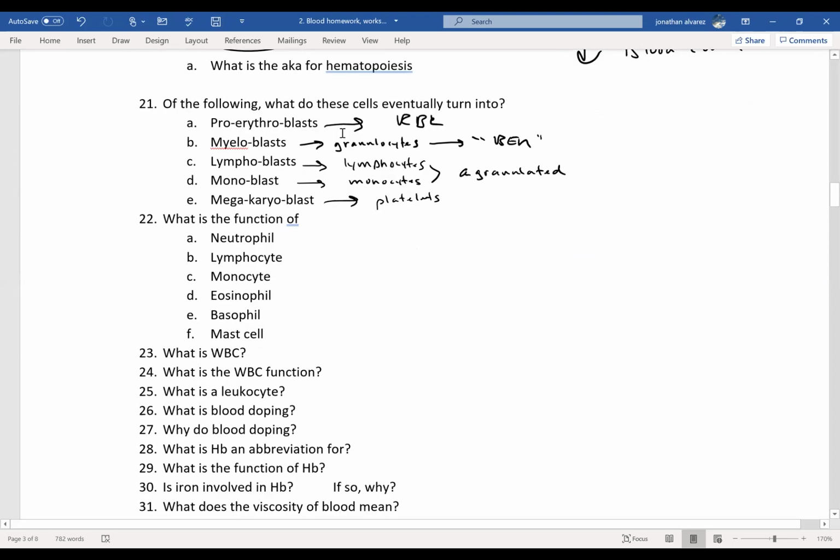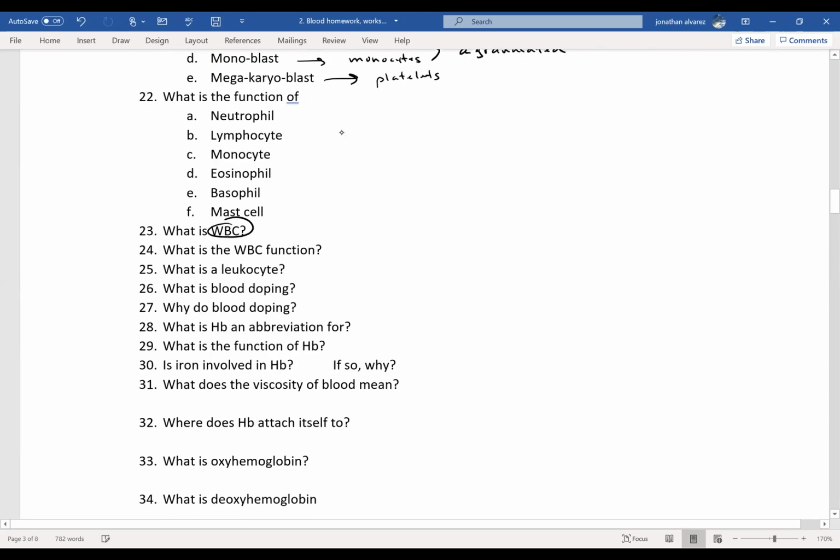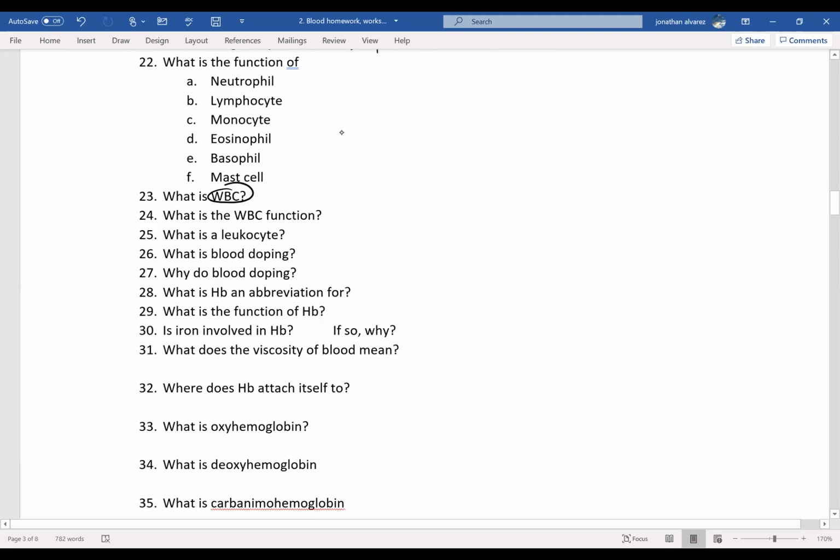The quick version of the function of these white blood cells is defense. In the lab video and lecture video, I got specific on what they do. They have that Pac-Man effect.